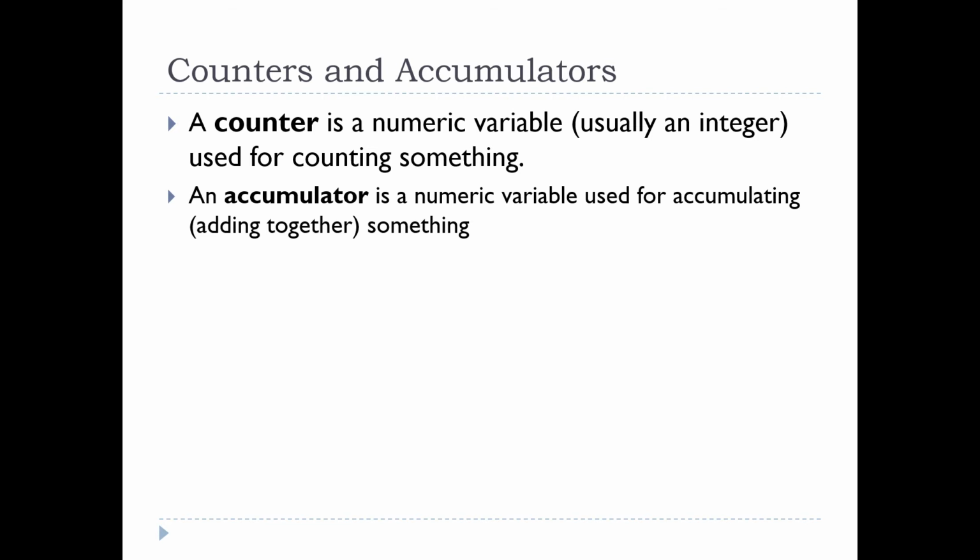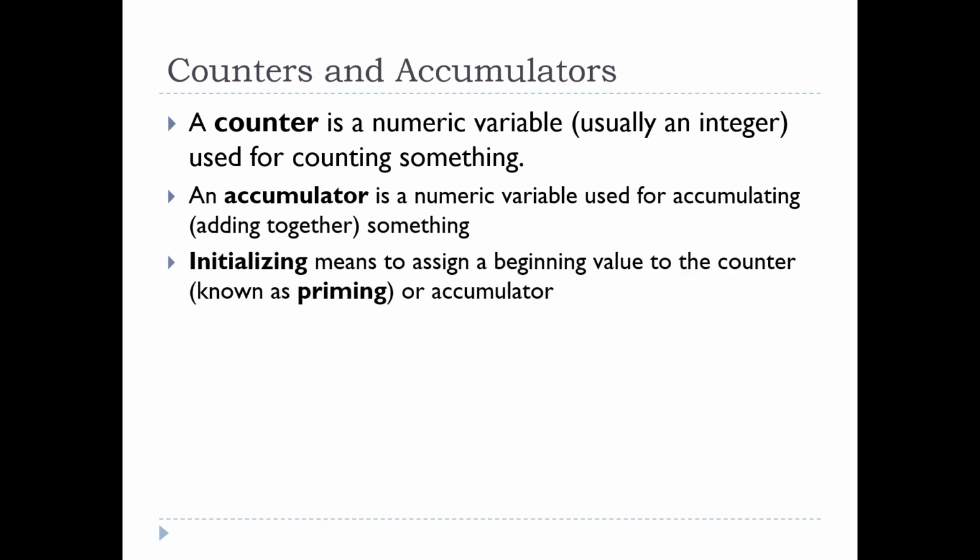An accumulator is basically just a variable name. You call it total or something like that. Each time you loop through each test, you add that test score to the accumulator, and it keeps adding until you have added all 10 exams, and then you can take the average out of that. Okay, so that's typical. And again, the priming read is also the initialization part of the loop.